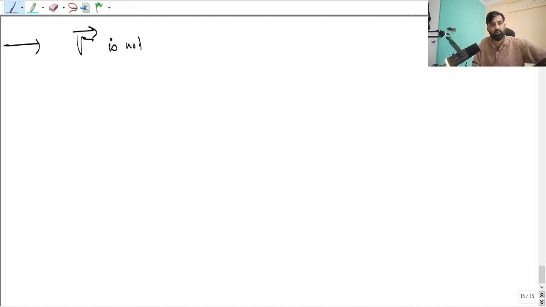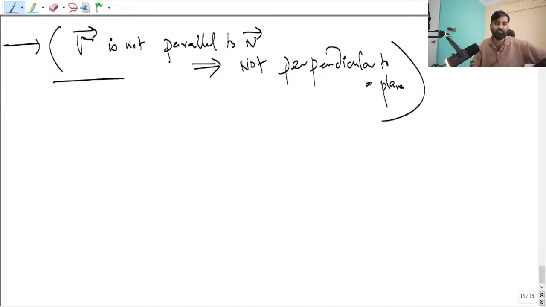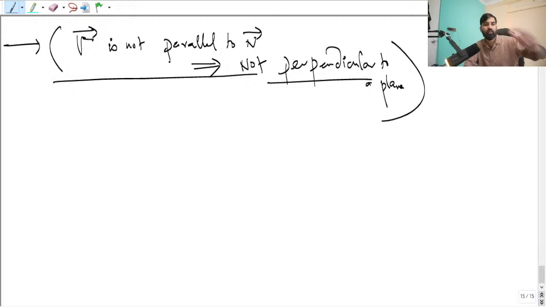V is not parallel to n. The meaning is that it corresponds to not perpendicular to a plane. That is clear. That is the first idea. And the second idea is what?